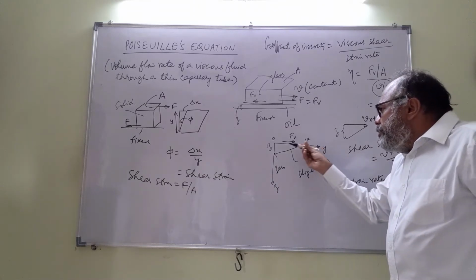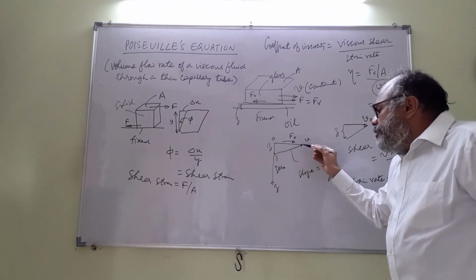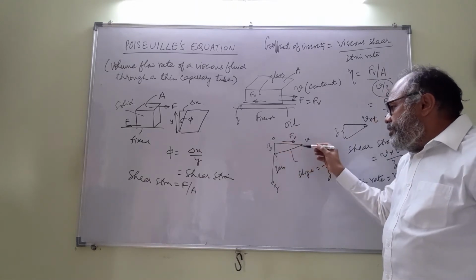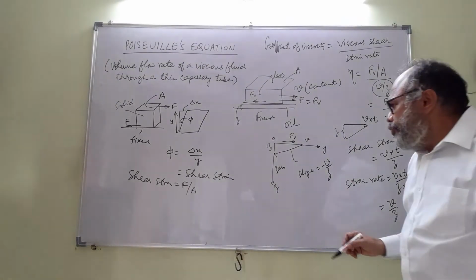If the velocity versus Z graph, the depth from the surface, is a straight line, we call it a Newtonian fluid.